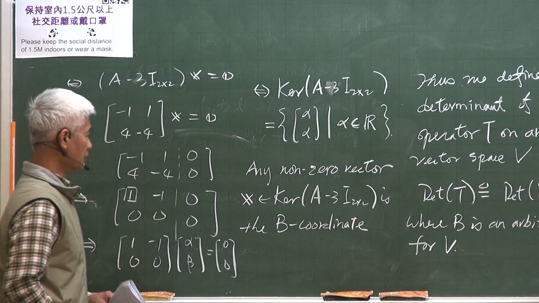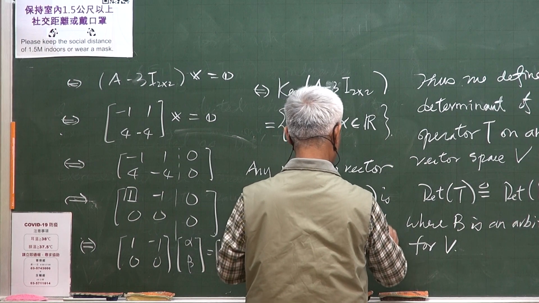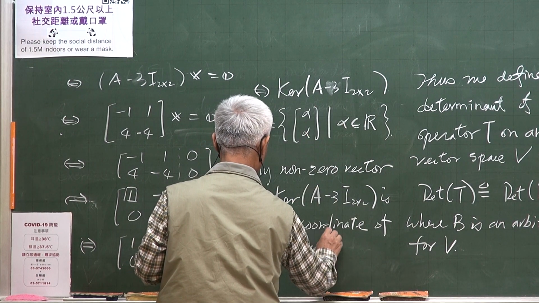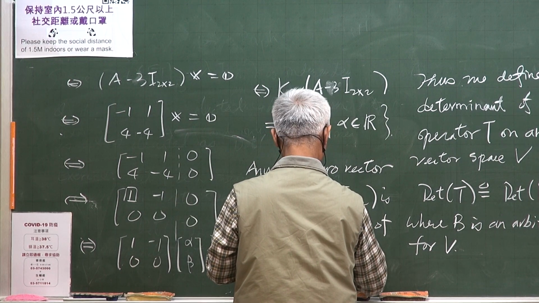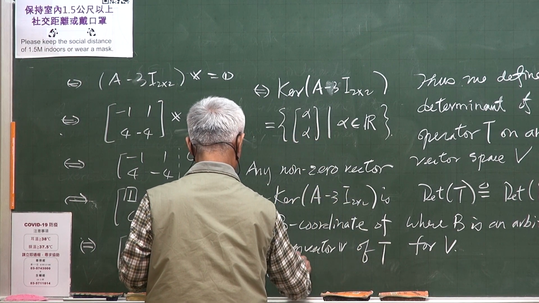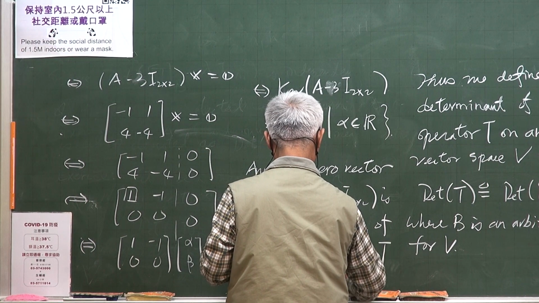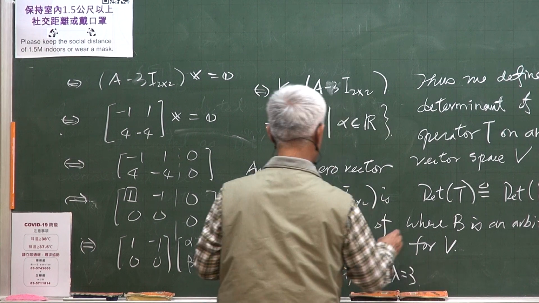So any non-zero vector is the B coordinate of an eigenvector V of T associated with eigenvalue lambda equal to 3.